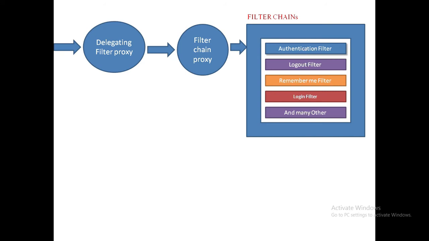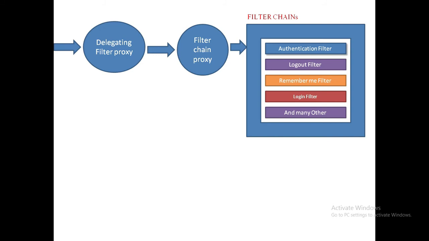So here you can find this filter chain has multiple filters: authentication filter, logout filter, remember me filter, login filter, and many more. Here I have specified only a few filters. If you look at our secured application, you will find a lot of filters already there. So that is already configured, but if you want your own logic for a particular filter, then we have to override that filter.